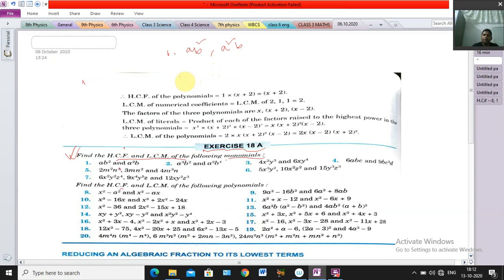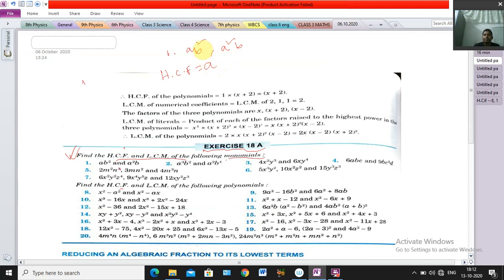So how to find it, sir? I told you about HCF. HCF means highest common factor. At first we have to see whether any common factor is there or not. Here two variables are given, A and B. In AB square there is only a single A, but here A square is given, so we can take A as common.